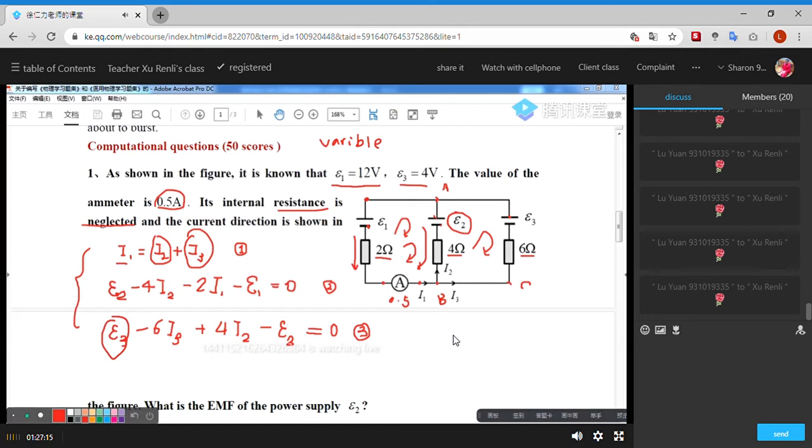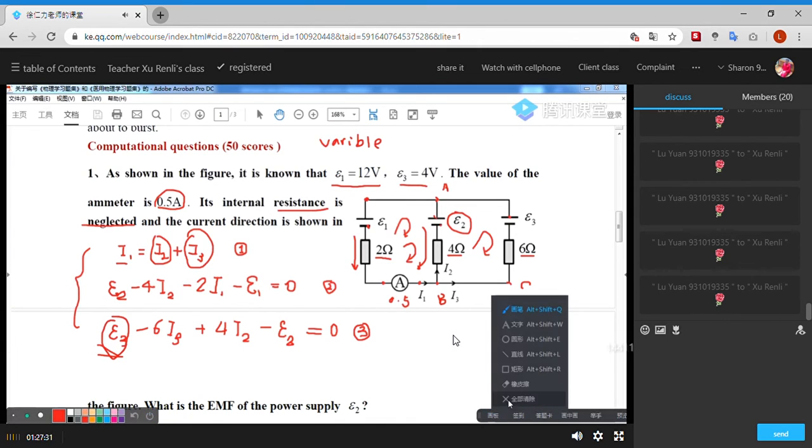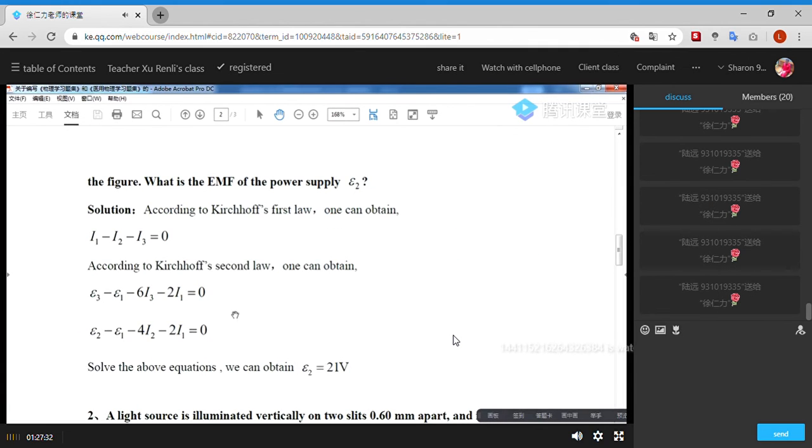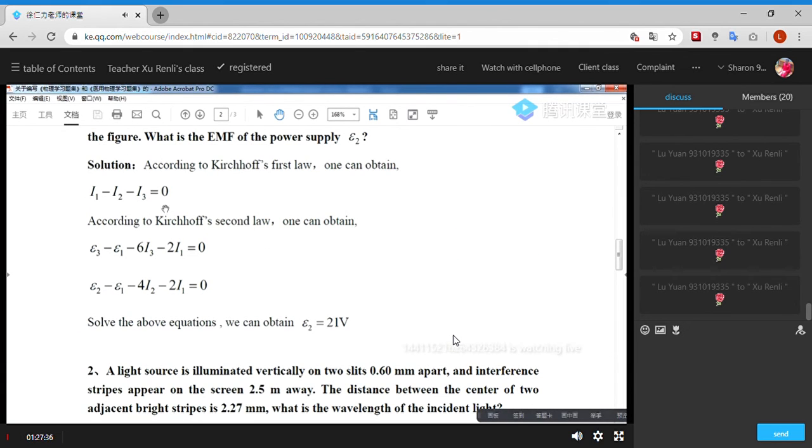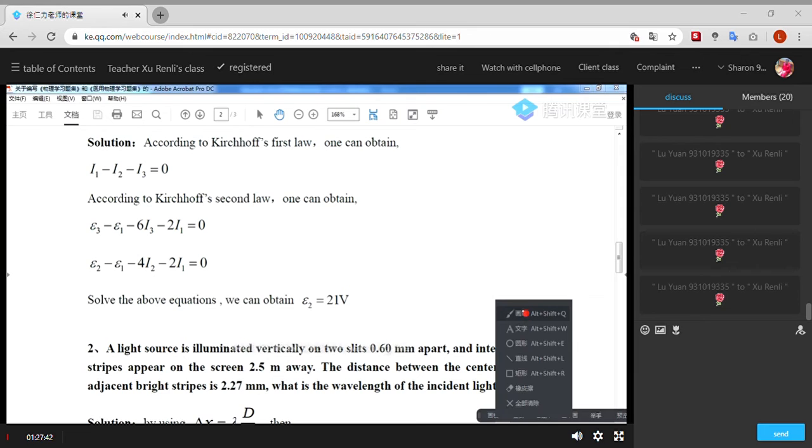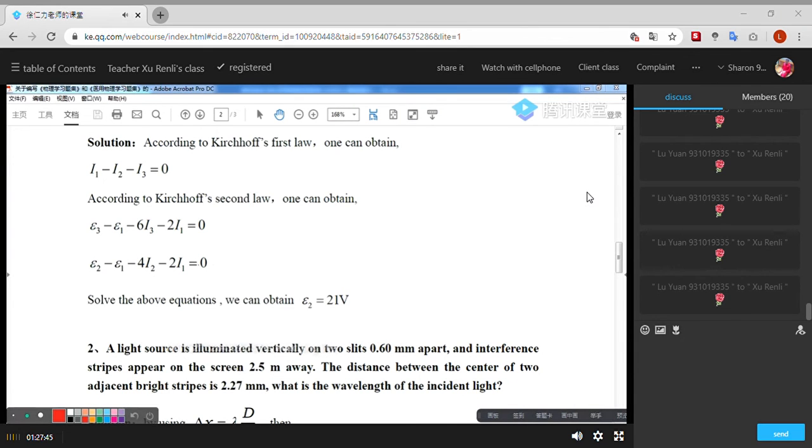Putting in the values of epsilon 1, epsilon 3, and I1, we solve these 3 equations and get epsilon 2 as 21 volts.